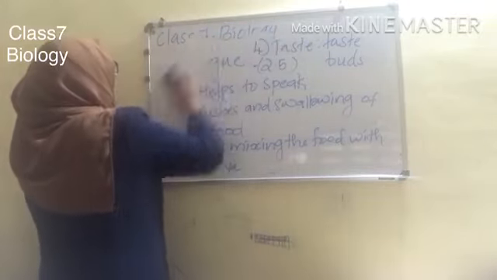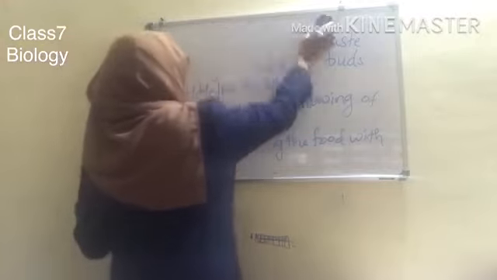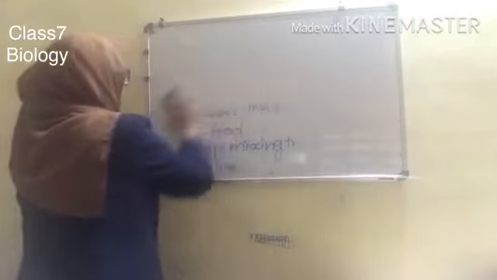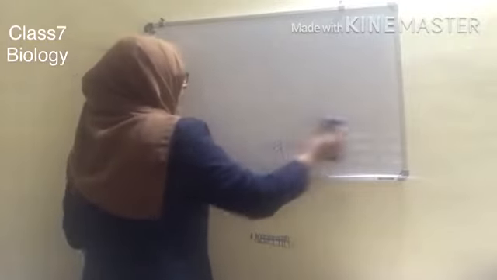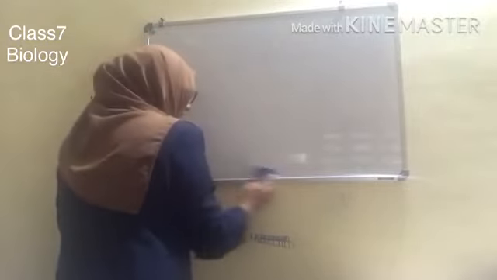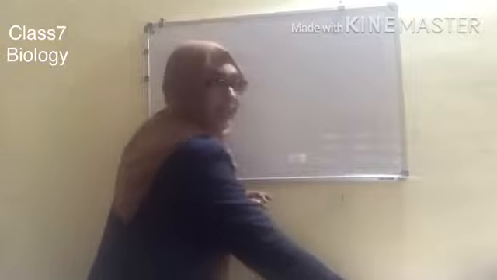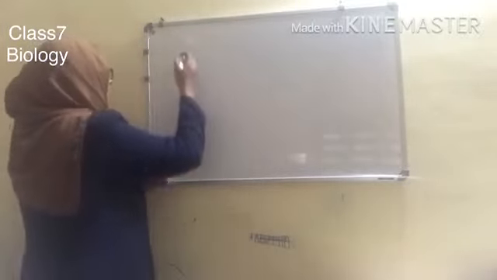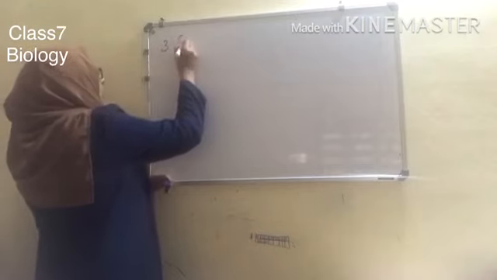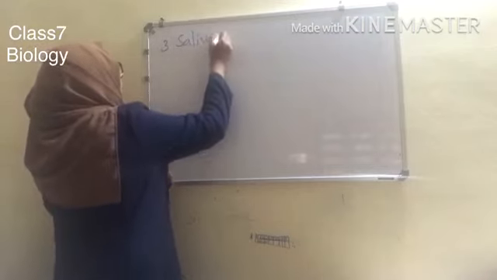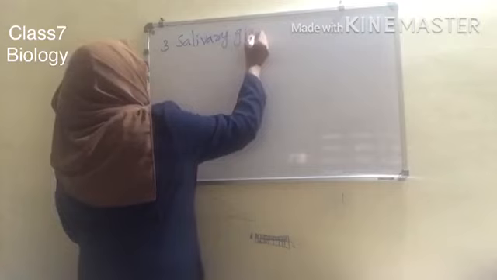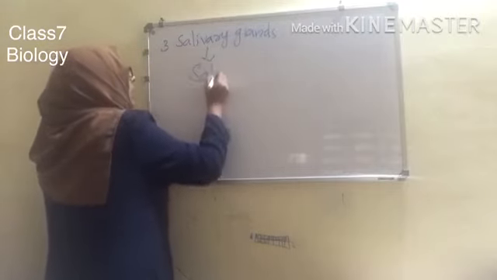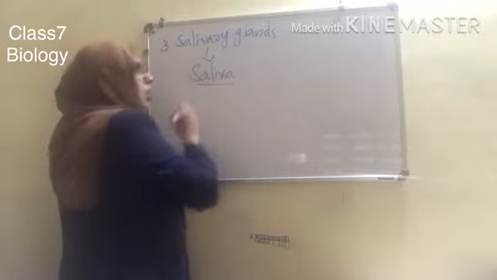Okay. So I'm moving to the next topic of the buccal cavity. What is that? Yes, it is salivary glands. Salivary gland is one of the accessory glands present in our digestive system that we have studied. So the third one is salivary gland. Right. Salivary glands secrete saliva. Okay.